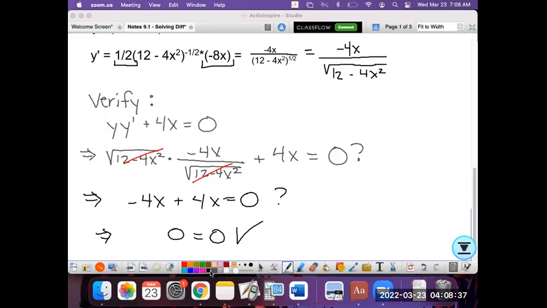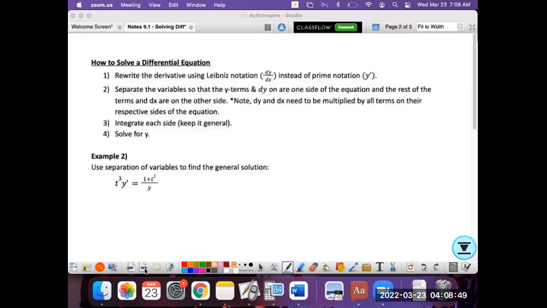All right, now I would like to show you guys how you could actually find those unknown functions, how you can solve for them versus just verifying that somebody else found the correct answer. The way that we're going to do that is first by rewriting whatever the derivative function is in Leibniz notation.